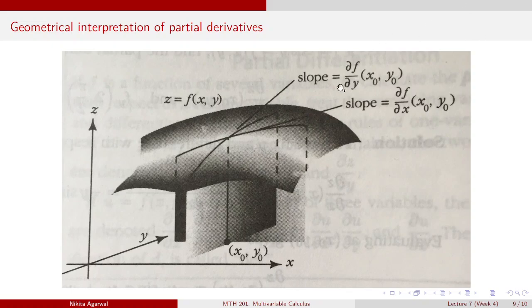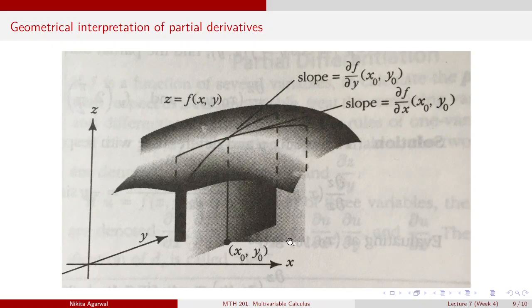Now, for the partial derivative with respect to y, remember we put x equal to x naught, constant. What is x equal to x naught? It's a plane which is parallel to the yz plane. So this slanted plane is basically x equal to x naught.